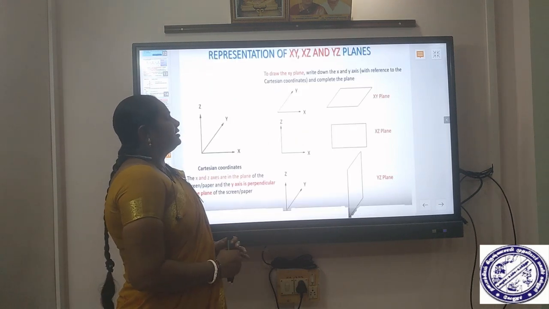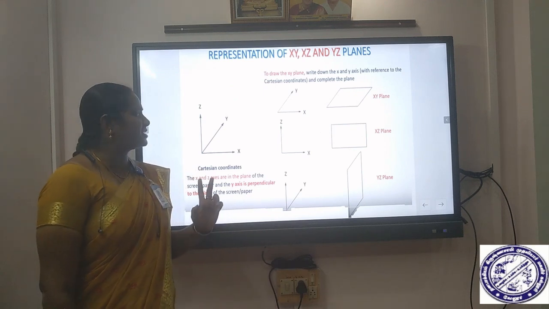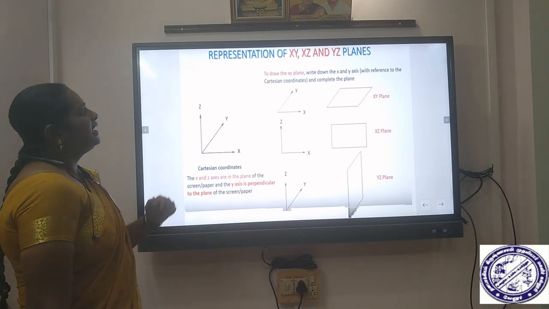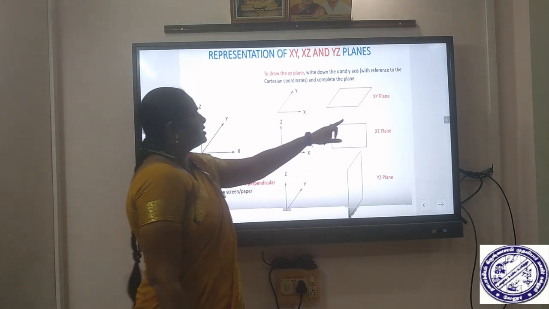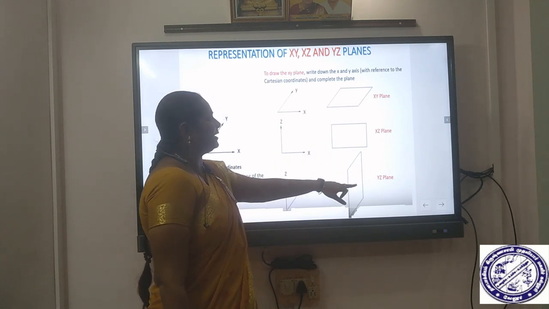We know that we have three Cartesian coordinates, x, y and z. Depending upon the Cartesian coordinates we can differentiate the planes like this. This is an xy plane, this is an xz plane, and this is a yz plane.